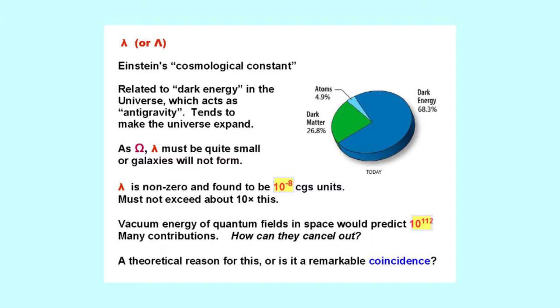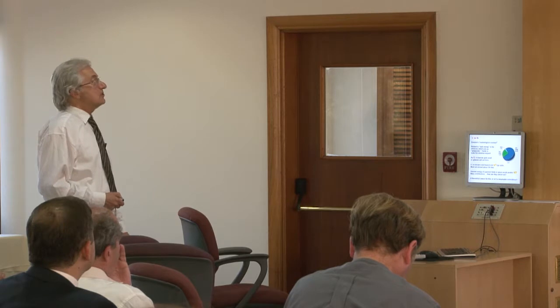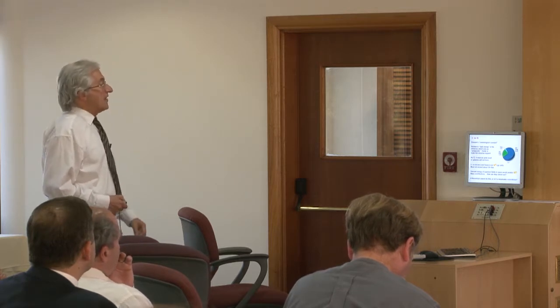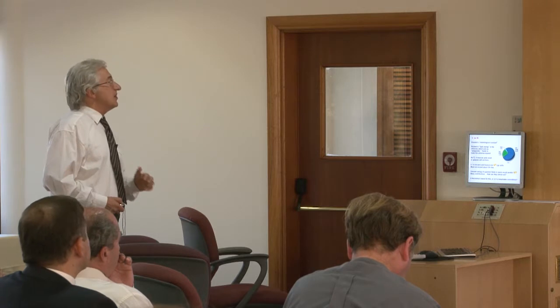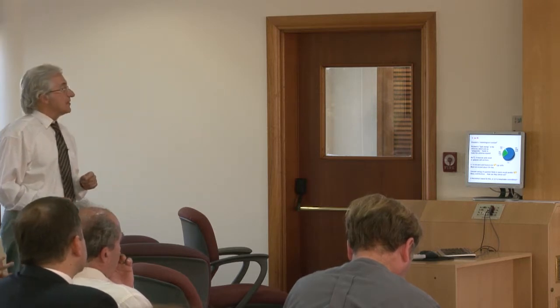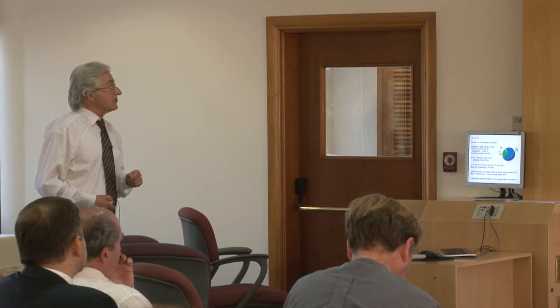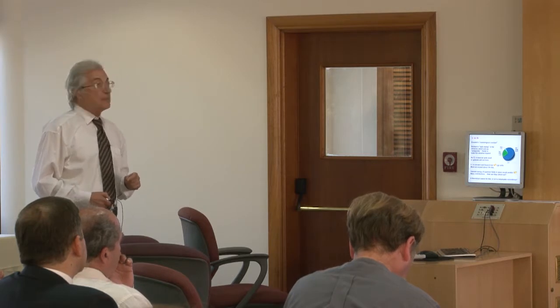It's all rather mysterious, but that's okay. It's still quite a small number, really, when you measure everything up. Now, it's non-zero, as I've said. There's a numerical value. Just take this as 10 to the minus 8 of suitable units. And if it were bigger than about 10 times this, it would be a disaster.